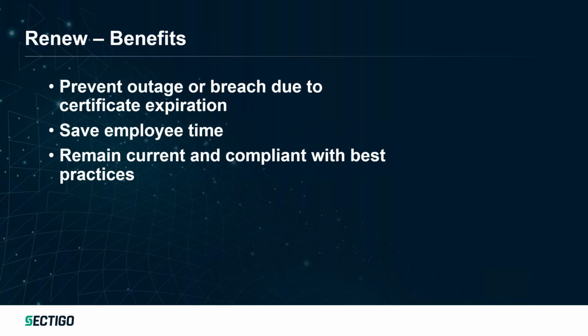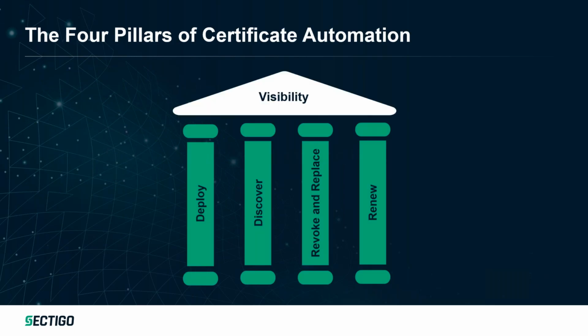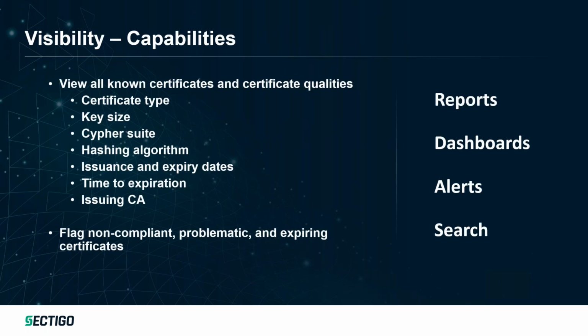Absolutely. So then there's visibility. So visibility just kind of helps enable and benefits from all of these points of automation. And so what do you get with visibility? Well, part of it is, what do I have? I get to see how many certs do I have? What are they? How are they being used? What are the qualities of those certs, right?